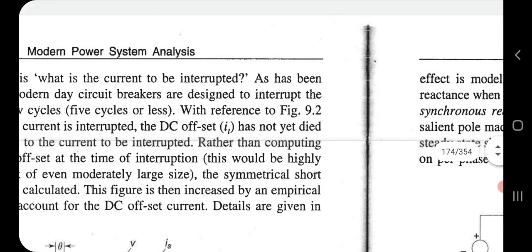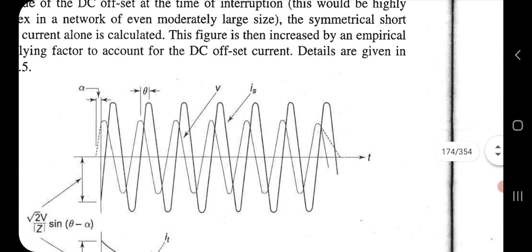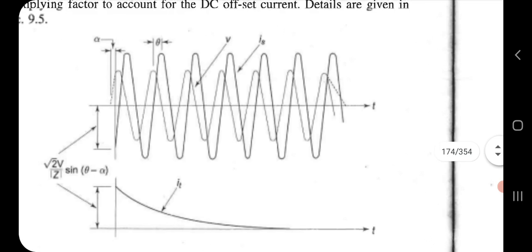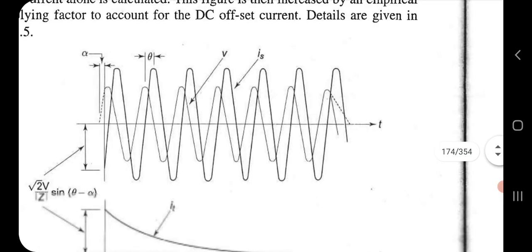Now we will see a diagram. In this diagram, two sets of values are shown: one is the current and the other is the voltage.